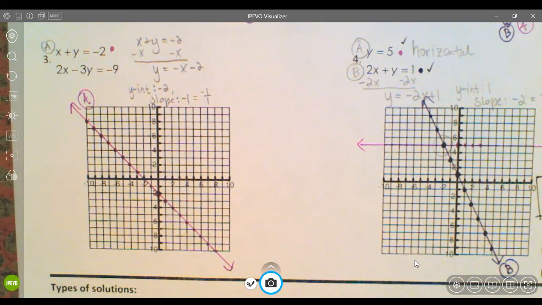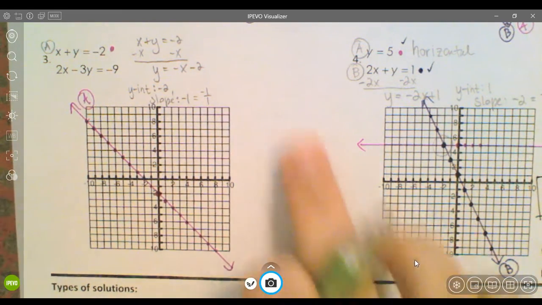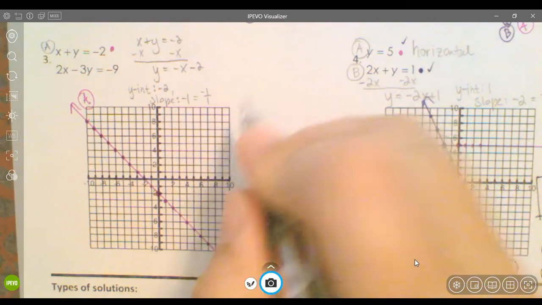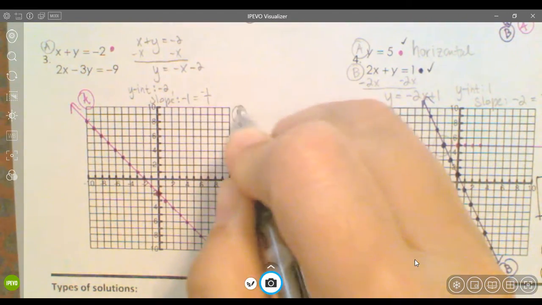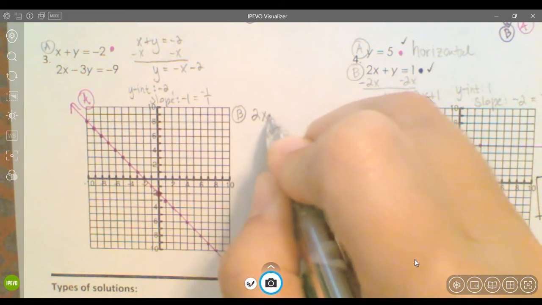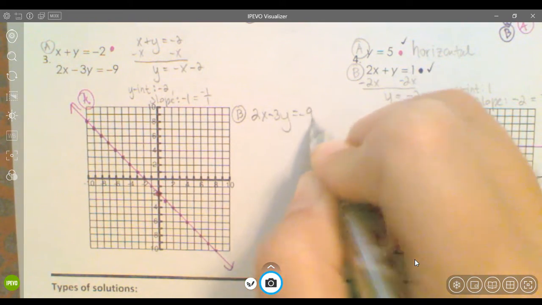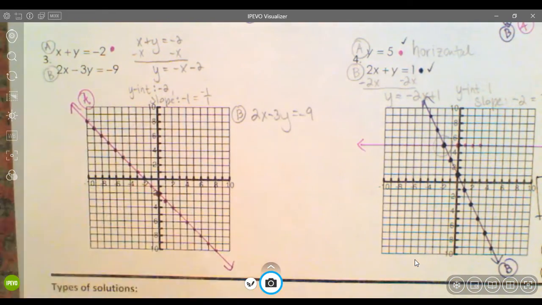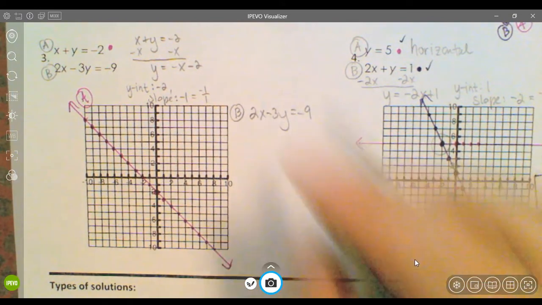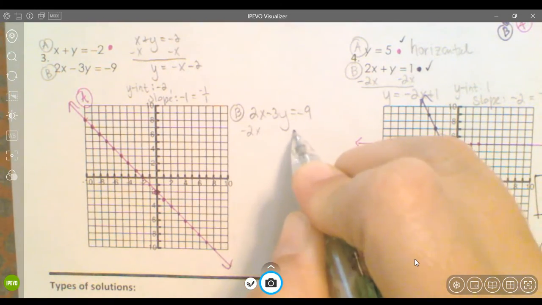All right. Now let's look at equation B. And I was smart, and I left myself some room right here. So equation B will go here. 2x minus 3y equals -9. So remember, I need the y by itself. I'm going to subtract the 2x.